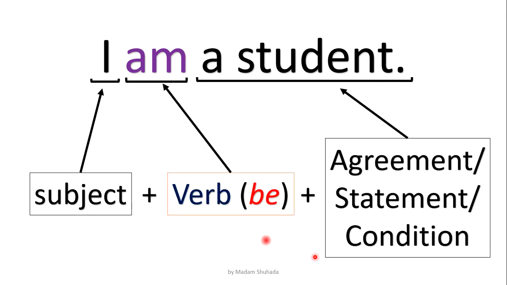So here is the formula. I is the subject, am is the be verb, a student is the agreement, statement, or condition. Basically we are using the be verb to explain an agreement, a statement, or a condition. So in this sentence, it shows that I is actually a student. So we use I am a student.